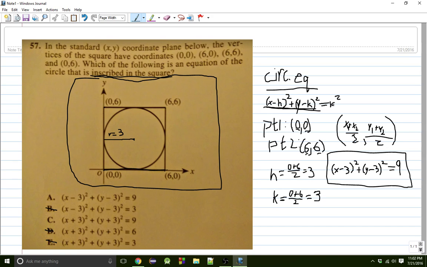And for r, since the circle is inscribed in the square, it's half of the length of a side. And remember, it's r squared, so the value 3 had to be squared. It equals 9. So our final equation is (x minus 3) squared plus (y minus 3) squared equals 9.